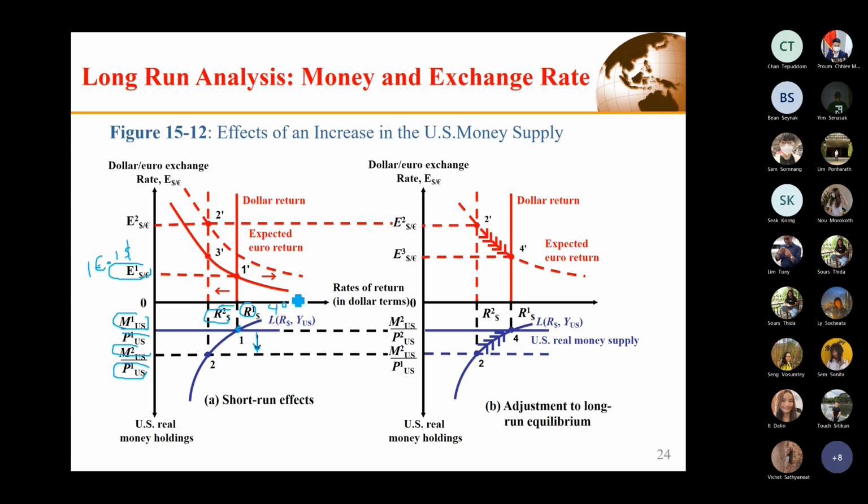You see that the interest rate would drop from R1 to R2, suggesting that maybe you can earn only 2%, not 4% like before. Then the euro would become expensive, and the dollar would become cheaper or depreciate. So you move from E1 to E3 here. We know that the US dollar would depreciate because the central bank printed too much money and put it into the economy.